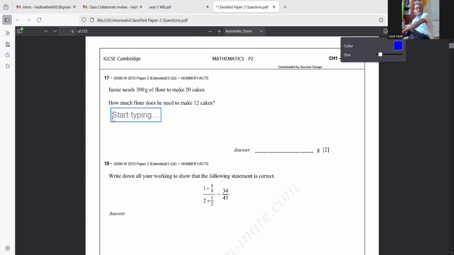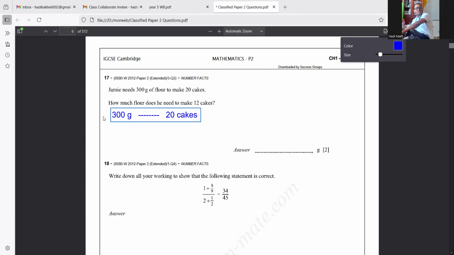And when we say inverse proportion, one of them is increasing, the other one is decreasing. Here, we need 300 grams to make 20 cakes. Now you need to see if this is direct proportion or inverse proportion.